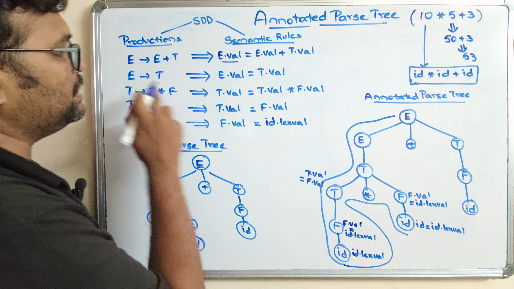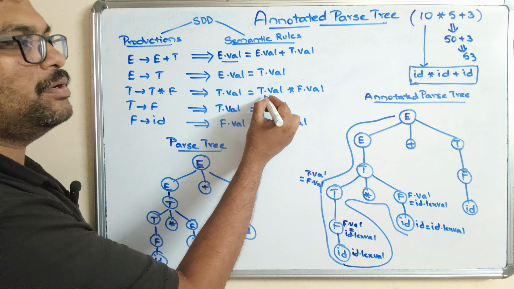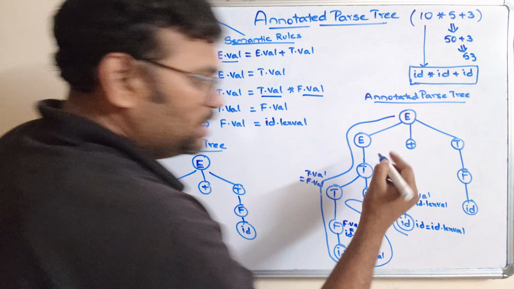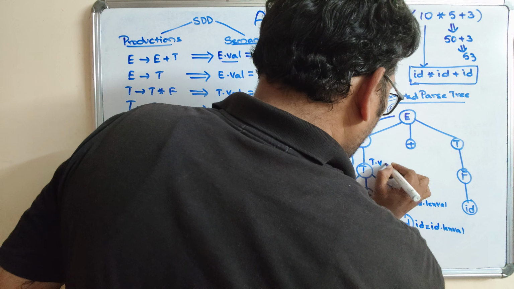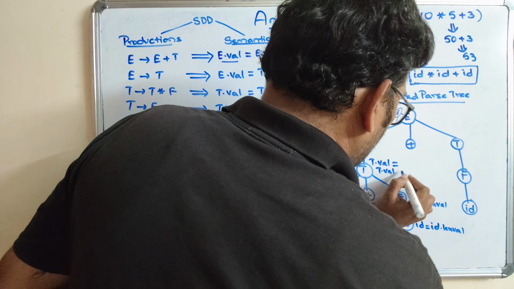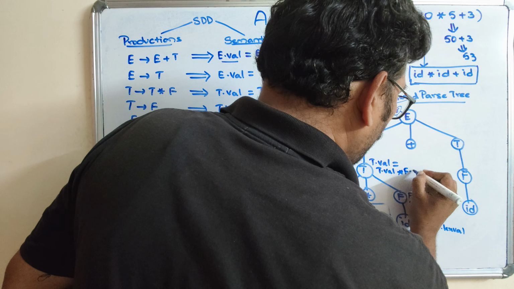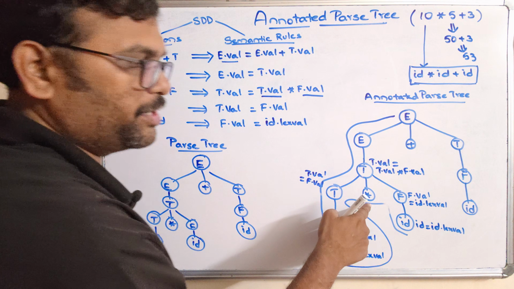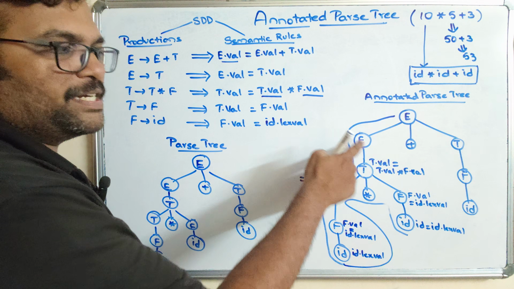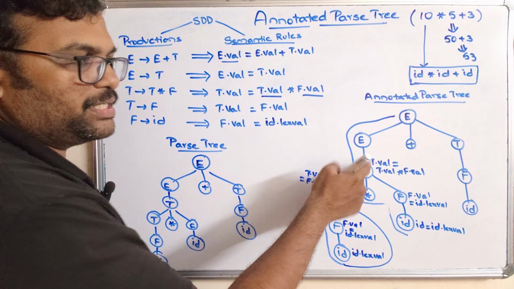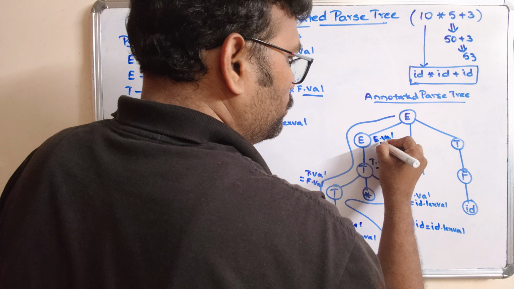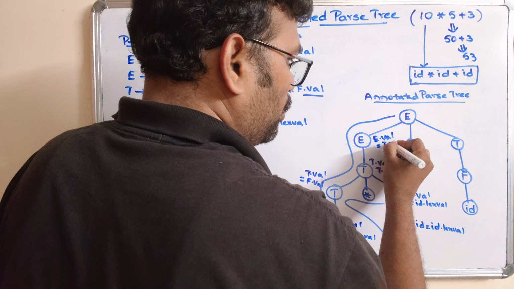So T dot val is equal to the value of the left child and the value of the right child. So this becomes T dot val is equal to T dot val into F dot val, because here we are having a multiplication operation, and this value can be replaced with this one. So E depends upon its child. Here E dot val is equal to T dot val.